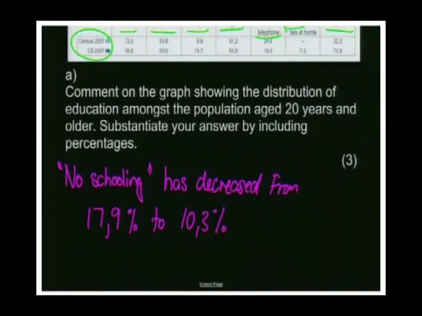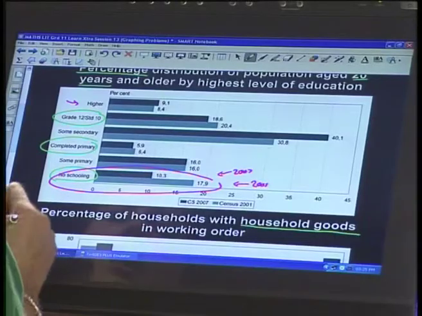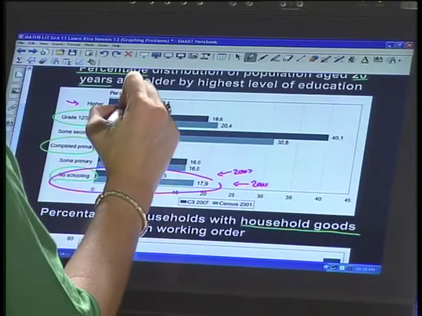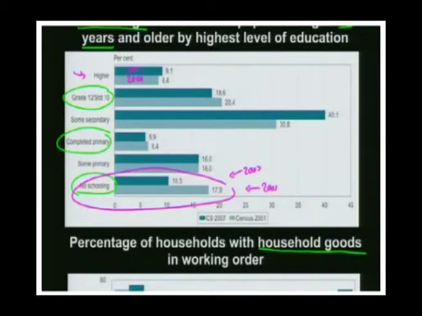Right. We can comment a little bit more on others. Let's look at higher education. Higher education from 2001 to 2007 has increased.